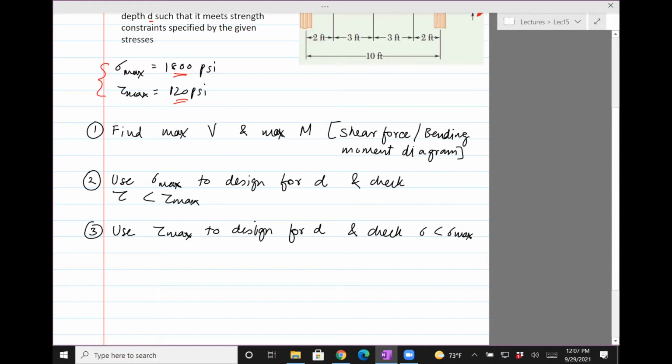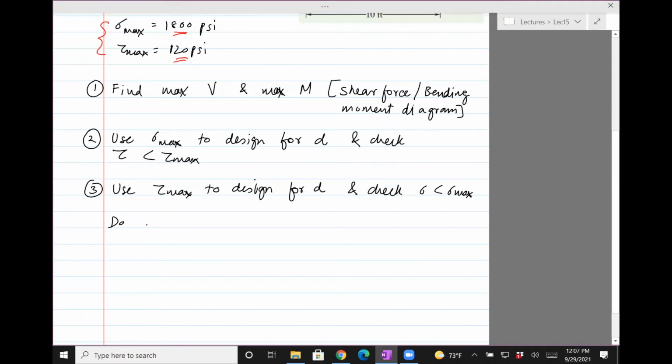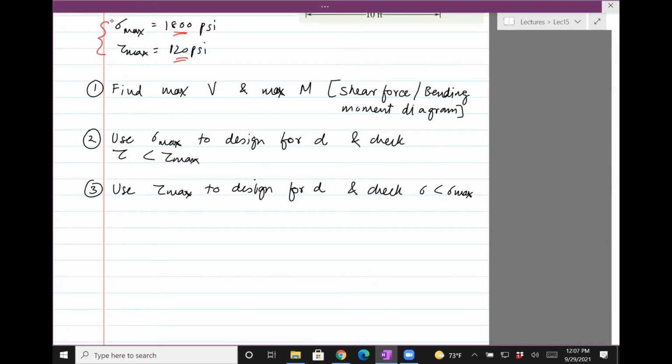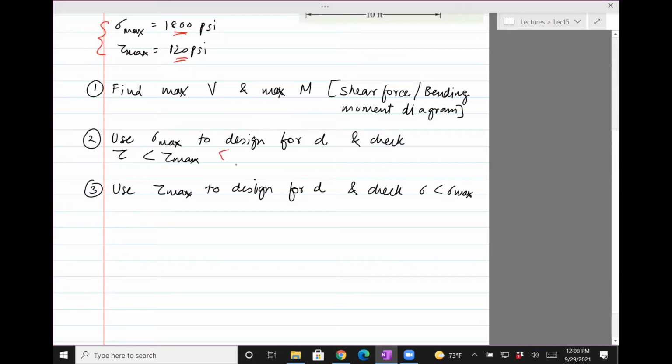You could change the order. You could do 3 instead of 2. That's absolutely fine. This problem will have only one answer, irrespective of how you do it, 1, 2, 3, or 1, 3, 2. So do either. Okay, so I should put here, if tau less than tau max fails, go to 3.